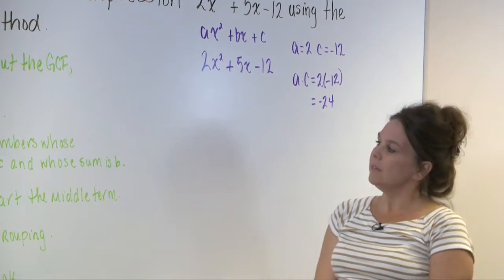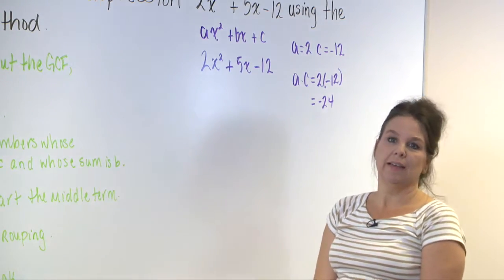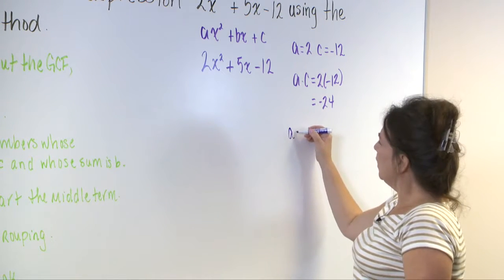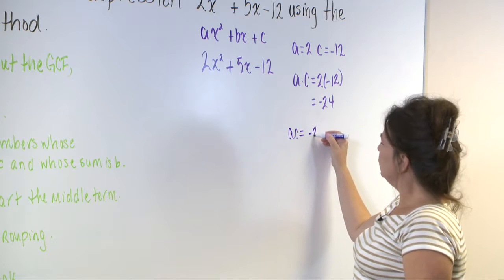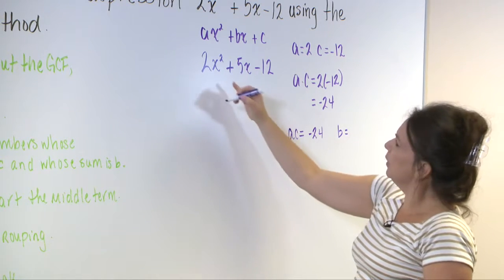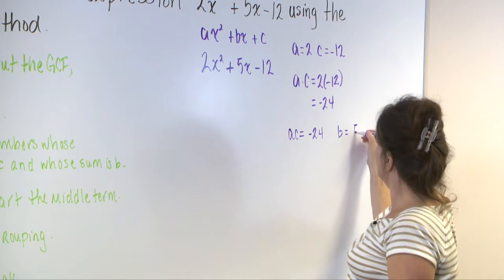Step number 3 tells us to find two numbers whose product is AC and whose sum is B. In our problem, AC is equal to negative 24, and B, looking back at our original problem, is equal to 5.